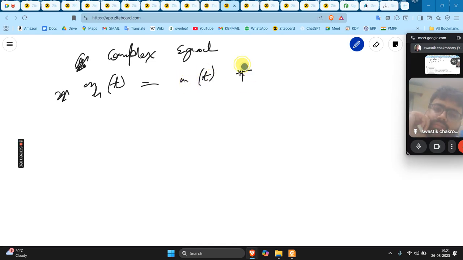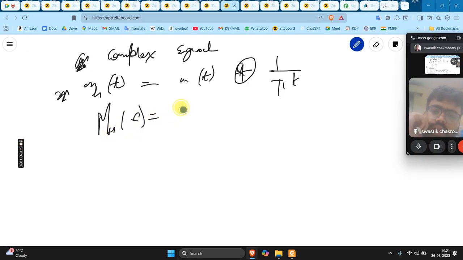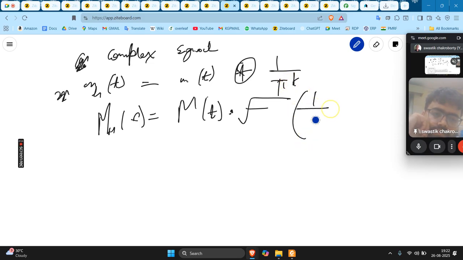If we take a Fourier transform and convert it to the frequency domain, we will observe that M_H(f) is equal to M(f) into the Fourier transform of 1 by pi t.